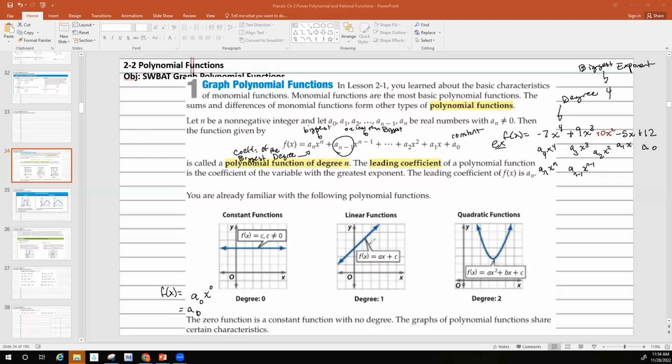Then here, our linear function is going to be a sub 1 x to the first power plus a sub 0. And this is our quadratic function. It looks like a parabola.